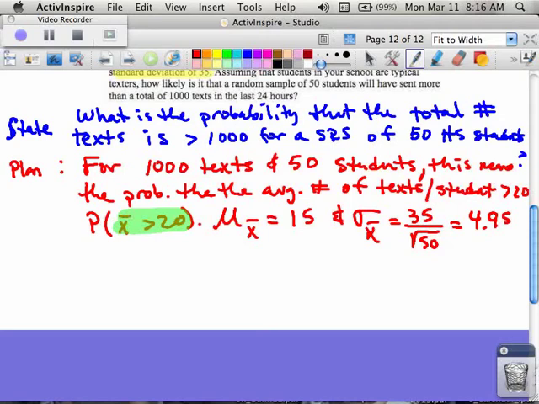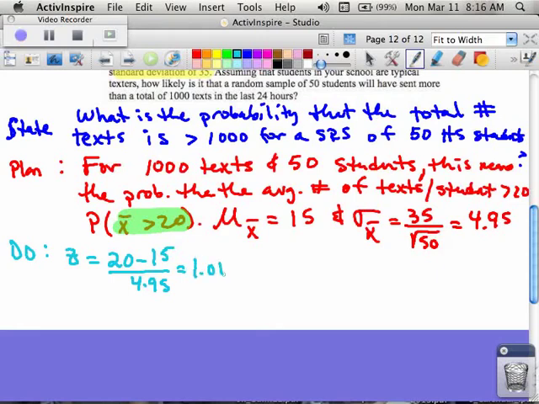Then, as usual, we need to find a z-score. So our z-score is going to be equal to the score that we have, which was 20, minus the mean that they gave us, which was 15, divided by our standard deviation of 4.95, which gives me a z-score of 1.01.